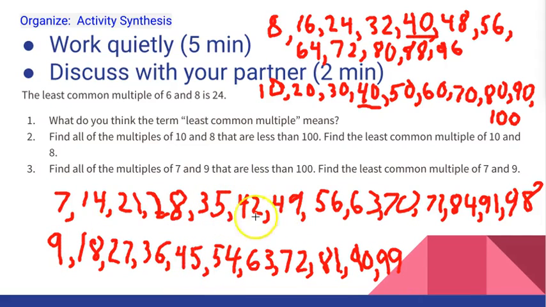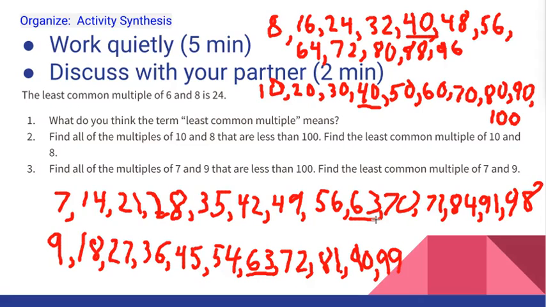There's a lot of stuff that's not close, is there? I mean, 27 is close to 28, but that doesn't work. 36 is close to 35. But no, it looks like 63 is the least common multiple. And that's what you get when you multiply them together, right?